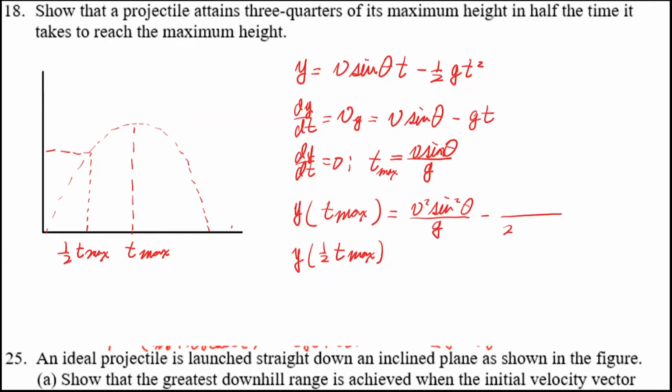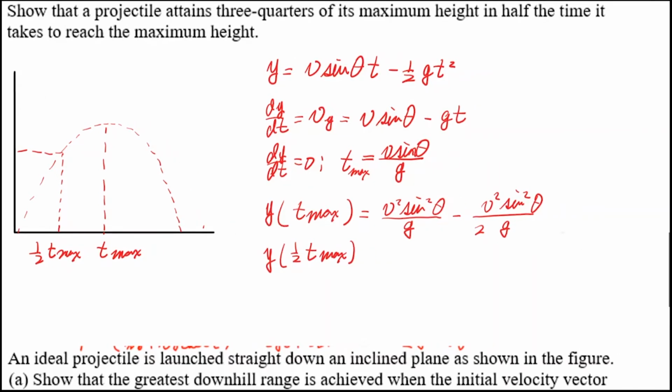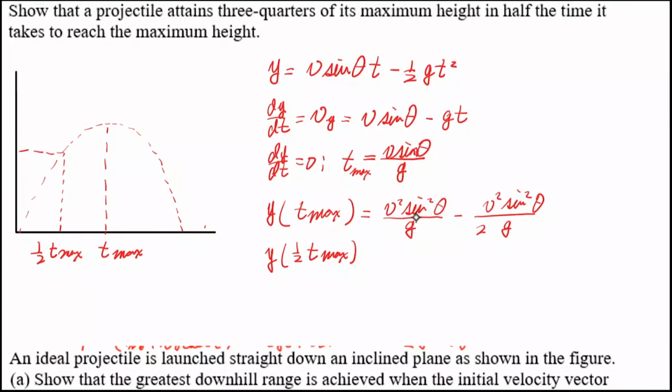So I'm gonna put 2 here, and then we have v squared sine squared theta over, we have a g squared in the denominator and we have g there, so we have 1g. Too much algebra? Very good. And do you see this is like term? This is 1 minus half. So we have this.